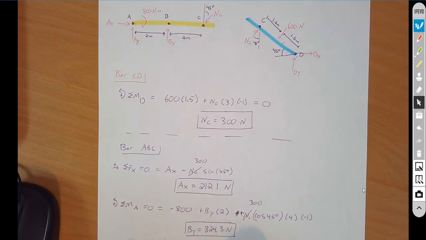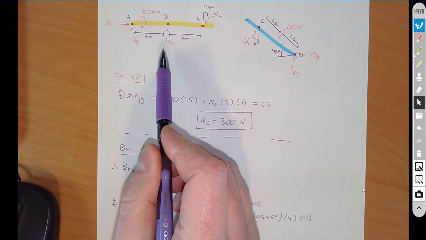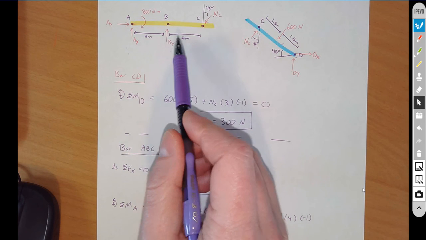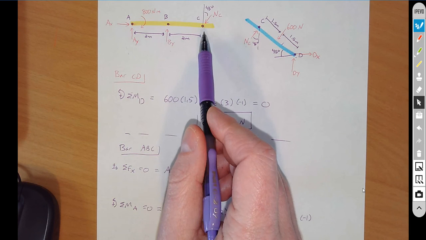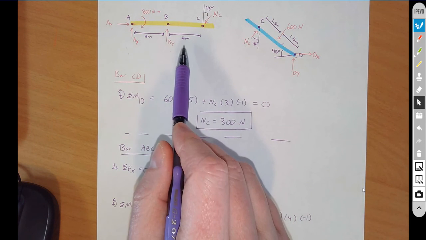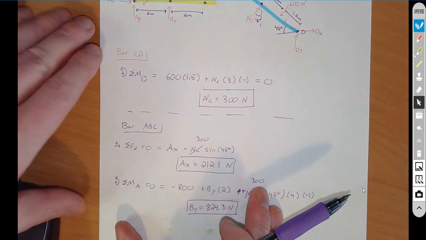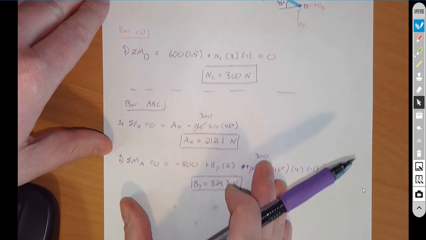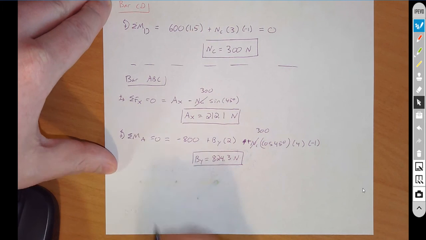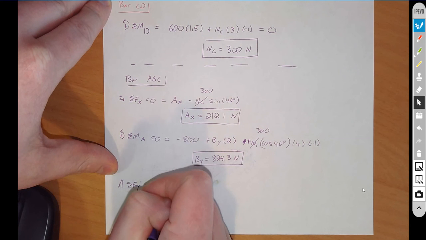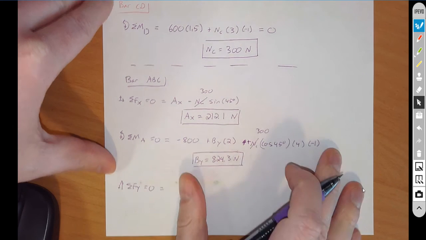So the only thing left to find: we know AX, we know BY, we know NC, so AY is the last thing to find. So we could do a moment about B, or about C, or sum of forces in the Y. Given the choice, I'll do sum of forces in the Y, because it's a little bit easier. Sorry, I can't quite zoom out enough here. So sum of forces in the Y, going up, equal to 0.